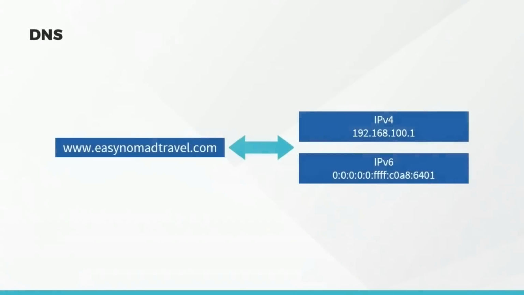To accomplish that, DNS servers maintain databases that contain records that match up domain names with their respective IP addresses. Now, these examples are, of course, just made up, but they would include a name such as www.easynomadtravel.com and its associated IP addresses, both in IP versions 4 and 6 to ensure compatibility.